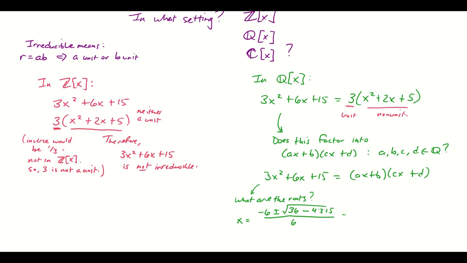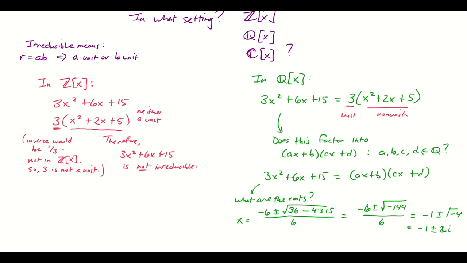Over 6, that comes out to -6 plus or minus the square root of, what is 36 minus 180? That's going to be negative 144, all over 6, and that comes out to -1 plus or minus the square root of -4, which is -1 plus or minus 2i.